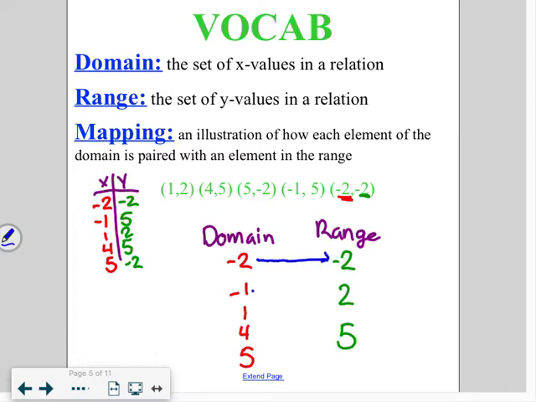Negative 1 is paired with 5. 1 is paired with 2. 4 is also paired with 5, and 5 is also paired with negative 2. So each element in our domain is connected to its range value using an arrow.